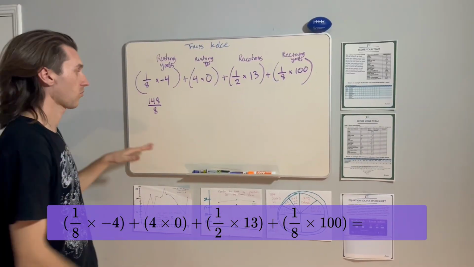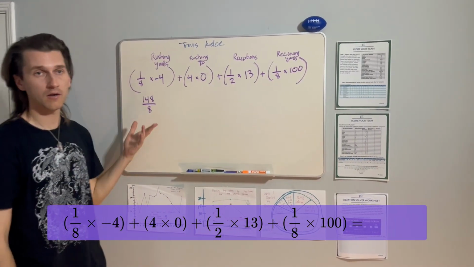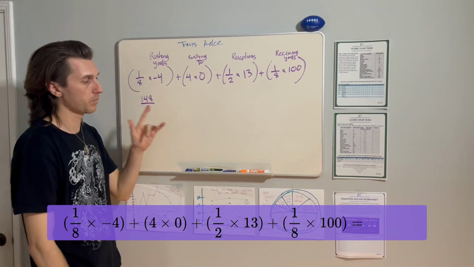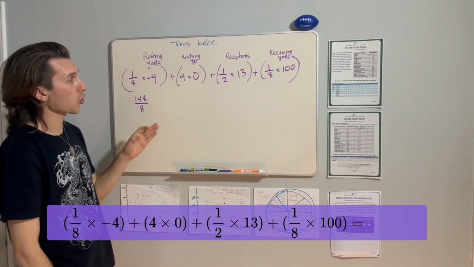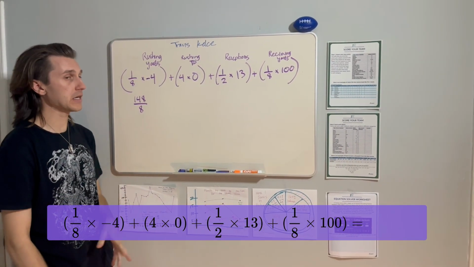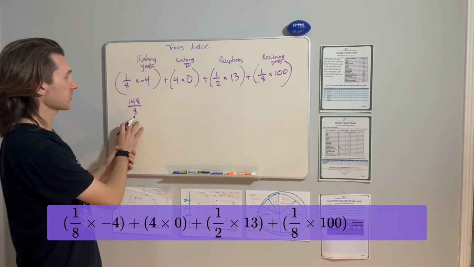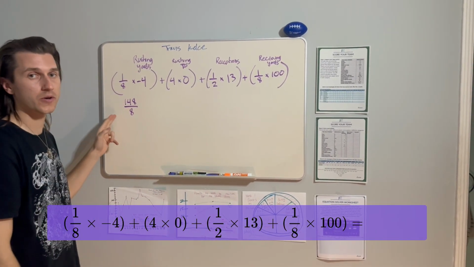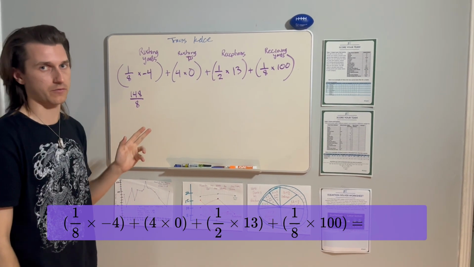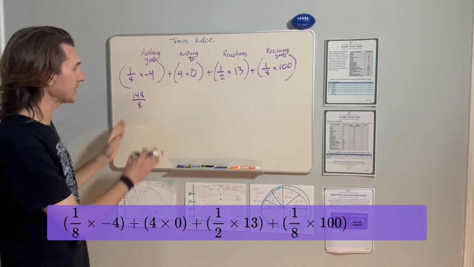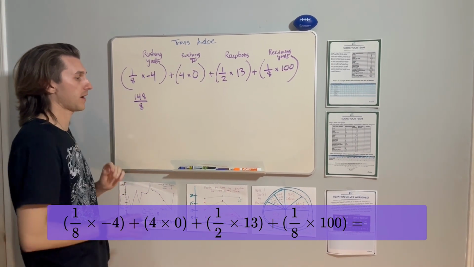All right, so we've got our answer of 148 over 8. But if you remember, our goal is to end up with either a whole number or a mixed number, which means that a pure fraction like this with a higher numerator than a denominator is not what we're looking for right now. So we need to start simplifying this fraction.